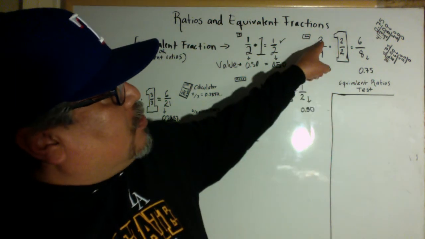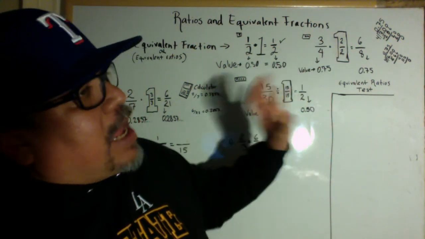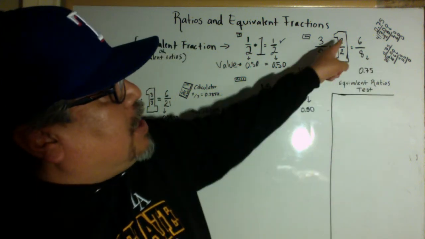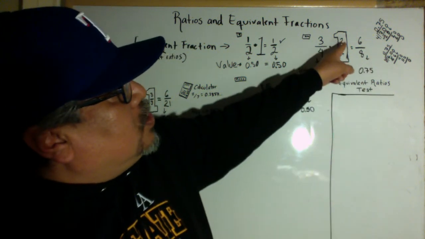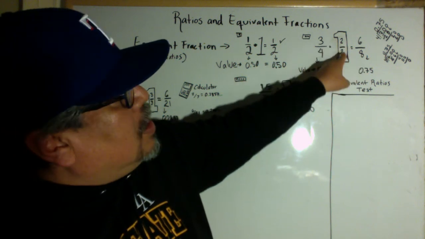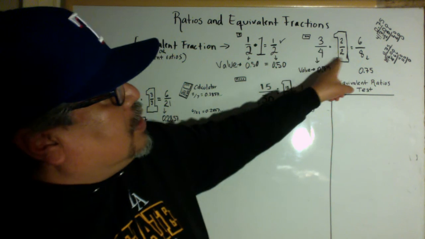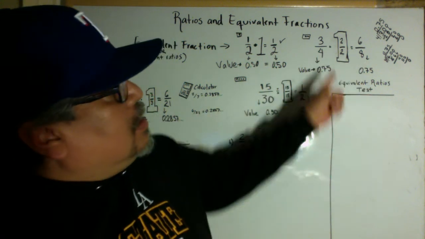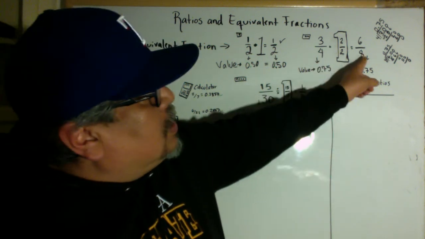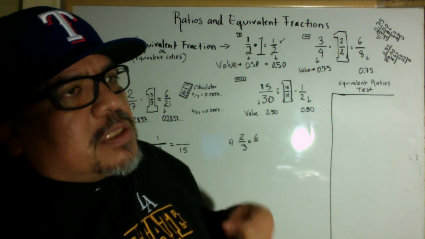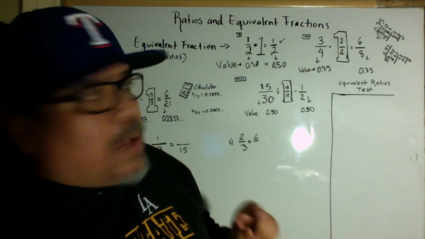If you have 3 over 4, your answer will be 6 over 8. Why? Because you're multiplying it times 2 and times 2, numerator times 2, denominator times 2. So 3 times 2 is 6 and 4 times 2 is 8. And this 3 over 4 and 6 over 8, they are both equivalent fractions. Why? Because basically you're multiplying them by 1.